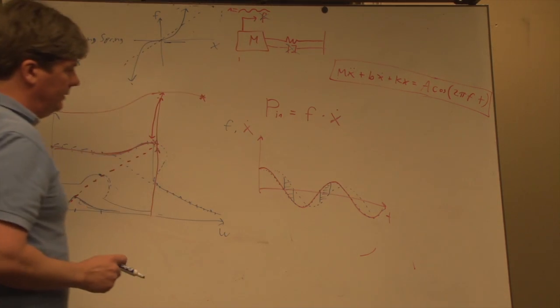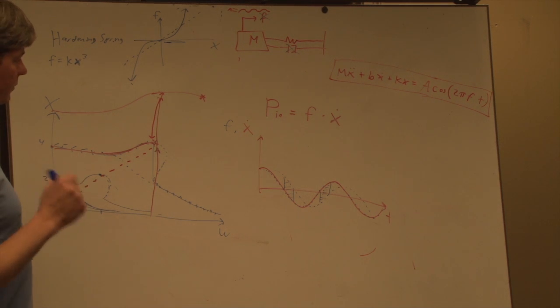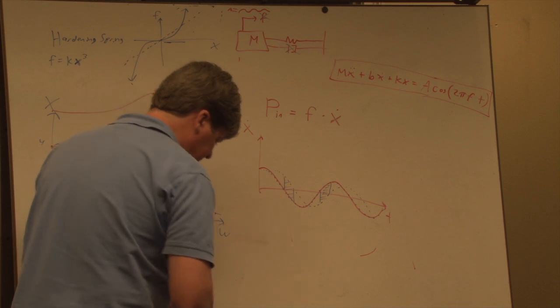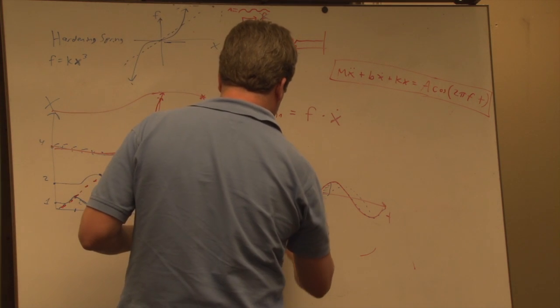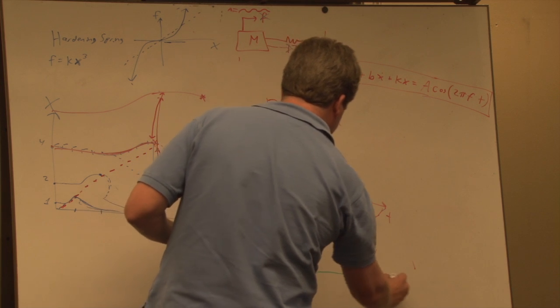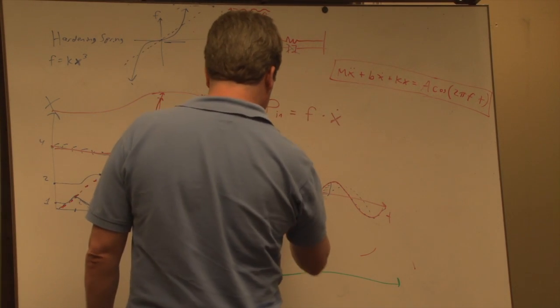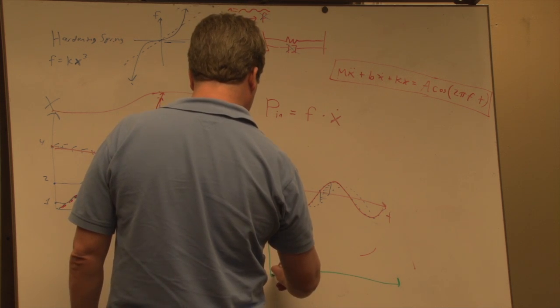So you find that at resonance your velocity and force are in phase. Another way of saying that is that your position and force are 90 degrees out of phase, because your velocity is the derivative of position, of course. So if that's your velocity, highest velocity would be here.